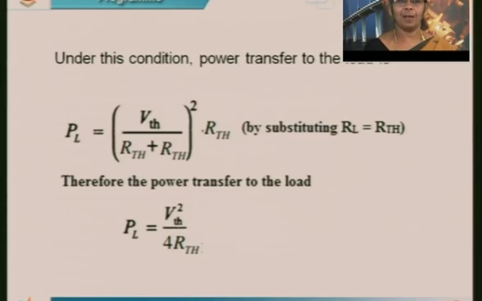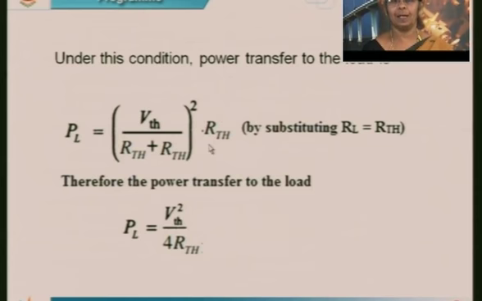Then we have the expression PL, which is equal to I square into RL. So in place of RL, you just substitute R Thevenin. If you substitute that, you get V Thevenin by R Thevenin plus R Thevenin, that is 2R Thevenin, the whole square into R Thevenin. So this is the expression for power. This is 4R Thevenin square in the denominator, and in the numerator you have V Thevenin square into R Thevenin.